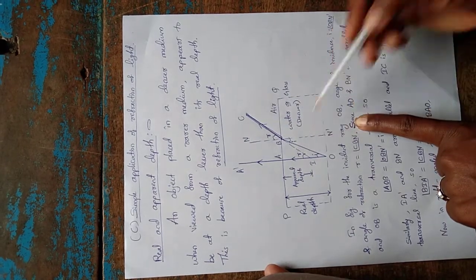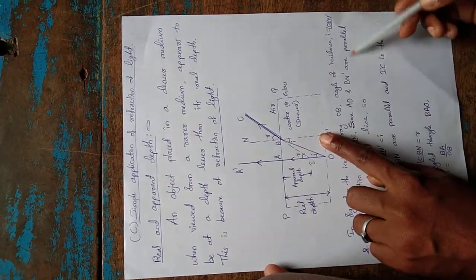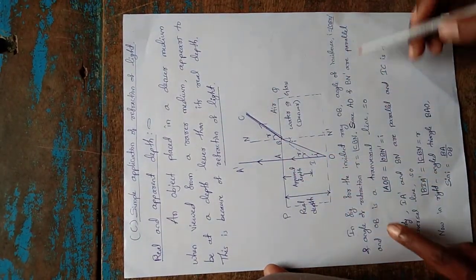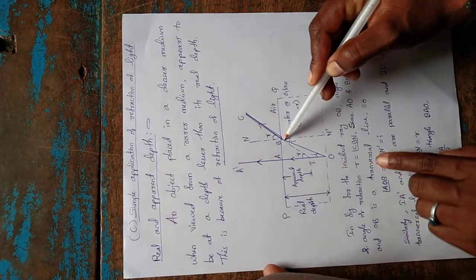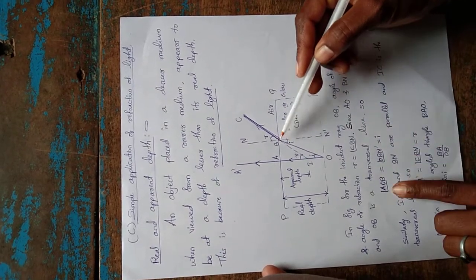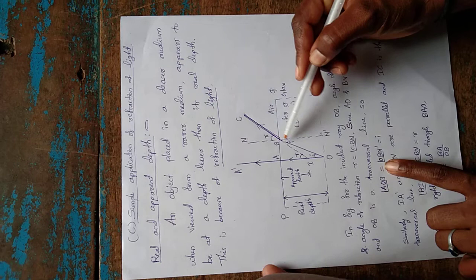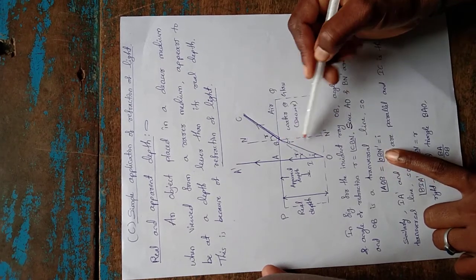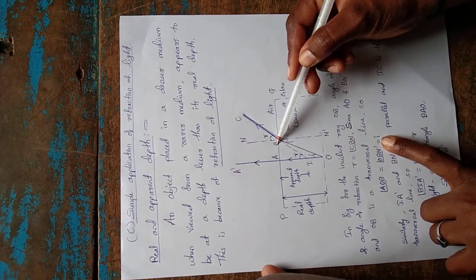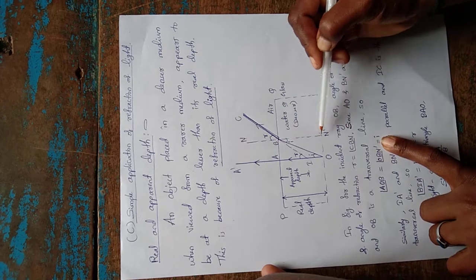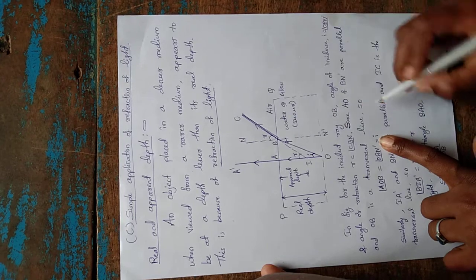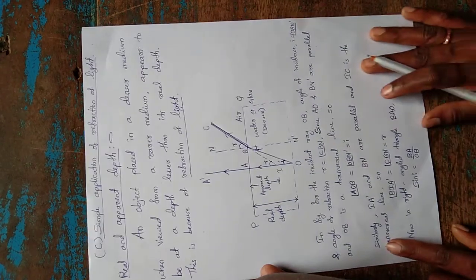Since AO and BN dash are parallel and OB is a transversal line, AOB is equal to OBN dash, which is I. This angle and this angle are the same, that is I.